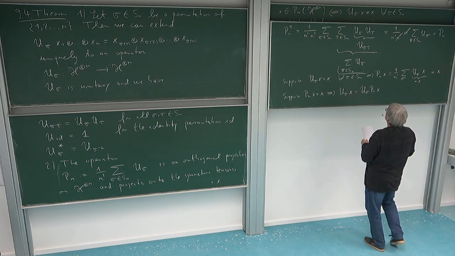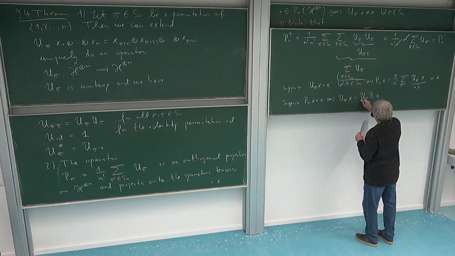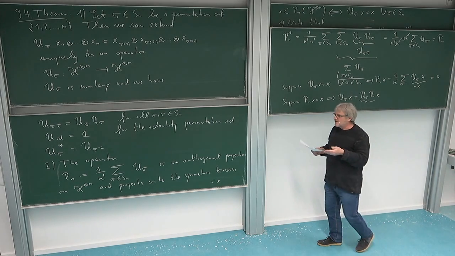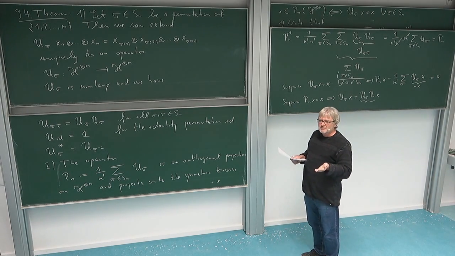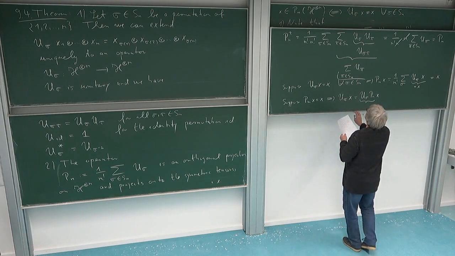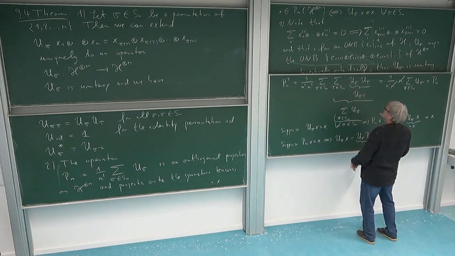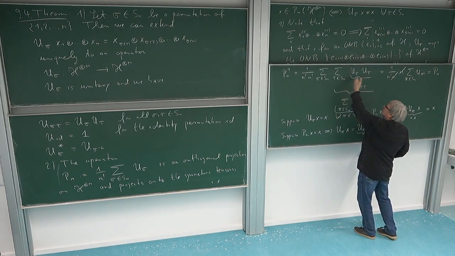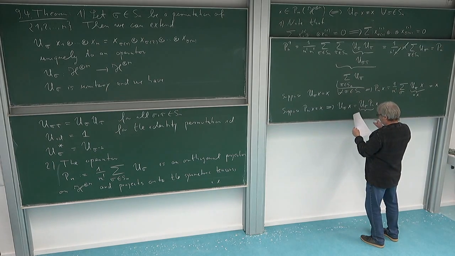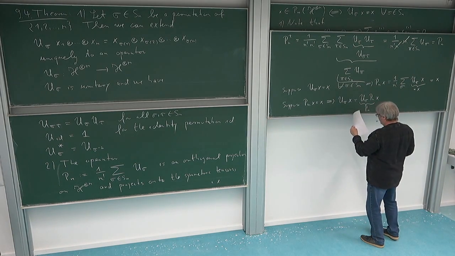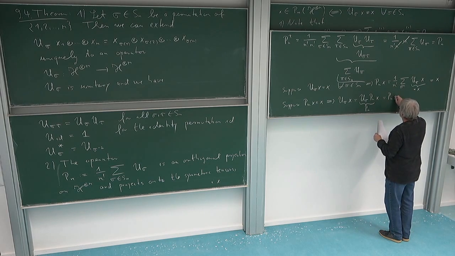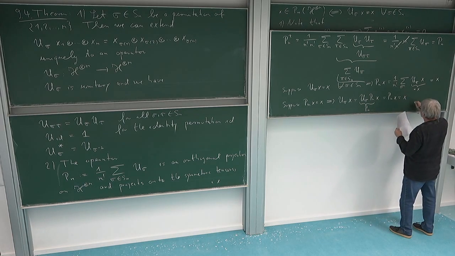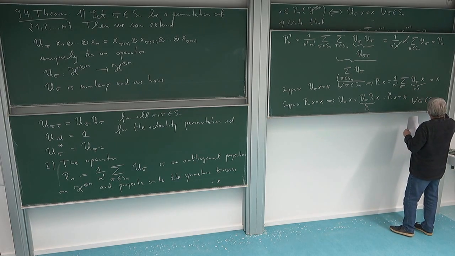And then what we already used before, or what is easy to see, is that if I'm multiplying the Pn with any u sigma, this just gives me the Pn again, because that's what we did here. After multiplying it with a u sigma, I'm still running over the whole permutation group. So this is just the Pn again, but so what I have here is Pn x, but by assumption Pn x was equal to x. So I get x, and this is true for all sigma in the permutation group.